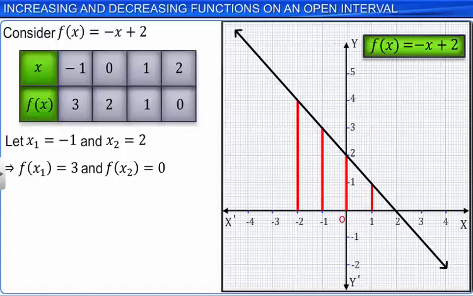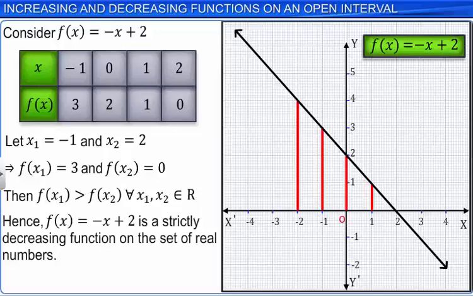So, as the value of x increases, the value of the function decreases. So, for every x1 < x2, we have f(x1) > f(x2). Hence, f(x) = -x + 2 is a strictly decreasing function on the set of real numbers.